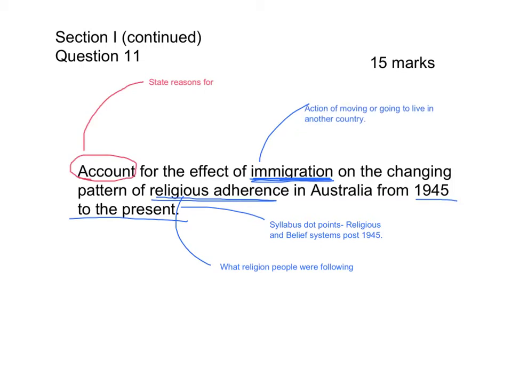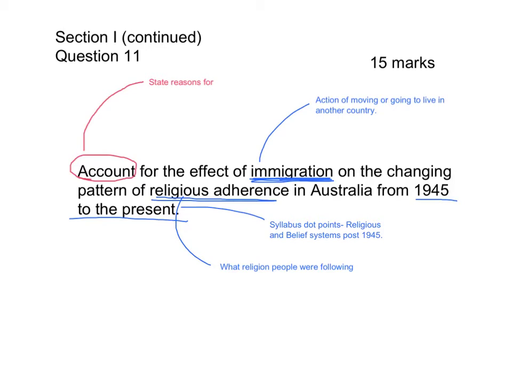This term is important because you are focusing on the idea of immigration. So you're looking at how religious adherence had changed as a result of people moving to Australia. There really isn't a need to mention anything else unless immigration impacted upon that, and then that impacted upon religious adherence. So be mindful that immigration does limit the scope of what you'll actually talk about.